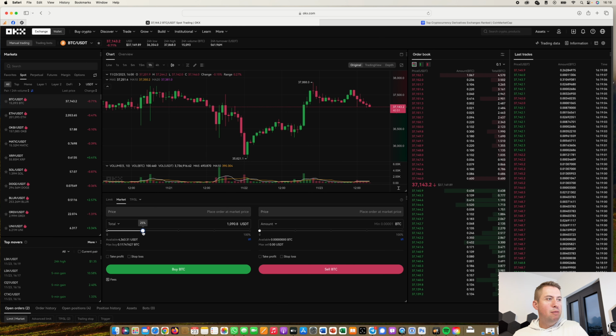You just select how much money you want to invest. Let's say you want to invest 1,000 USDT. You just type in 1,000 USDT here, or you use the slider, and then you just click on buy, and then you would immediately get Bitcoin for 1,000 USDT. And if you want to sell it, you can say, okay, I want to sell all of my Bitcoins or just half of it, and click sell. That's when you do a market order.